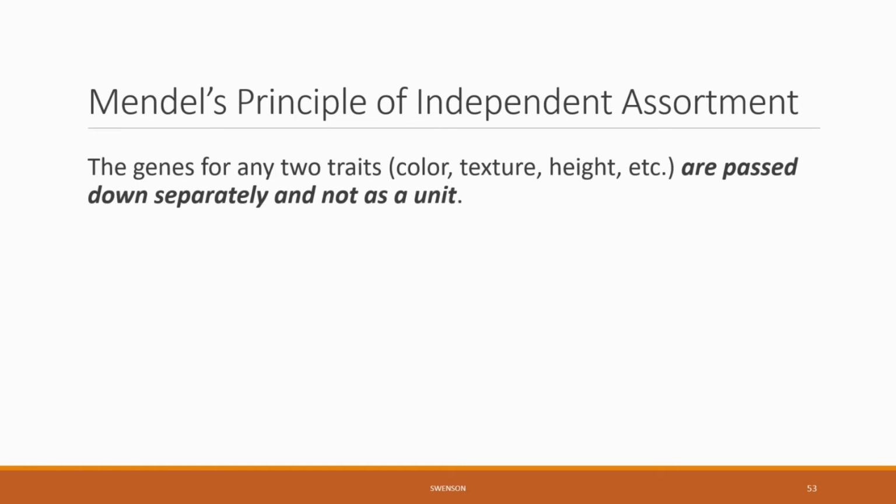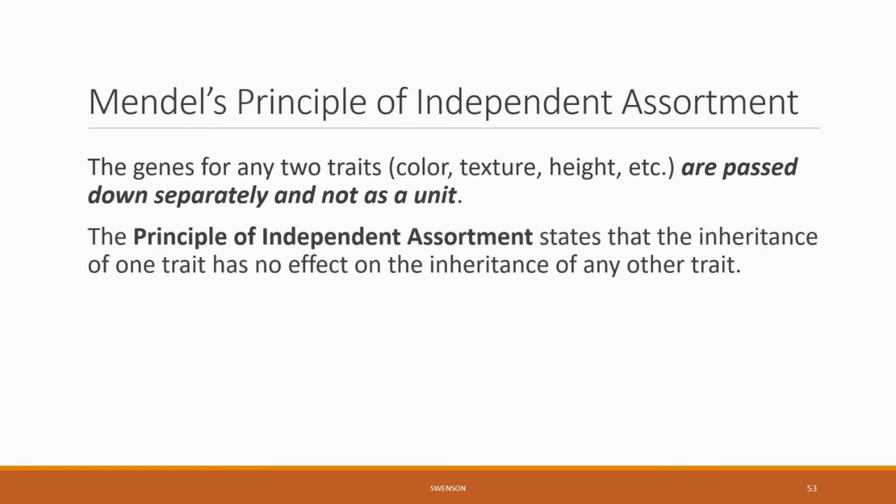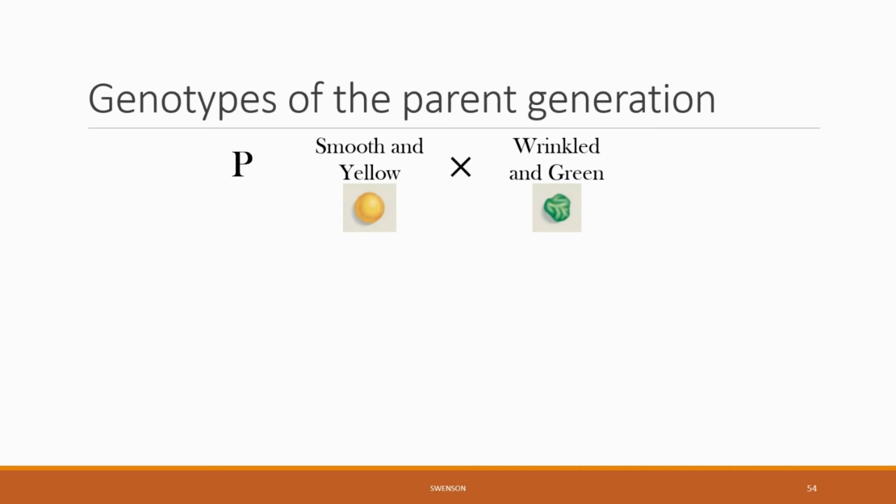This is called Mendel's principle of independent assortment. The genes for any 2 traits, color, texture, height, etc., are passed down separately and not as a unit. The principle of independent assortment states that the inheritance of one trait has no effect on the inheritance of any other trait.